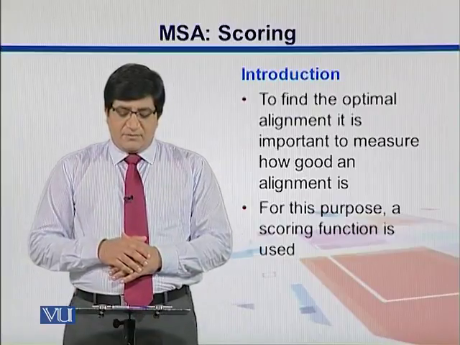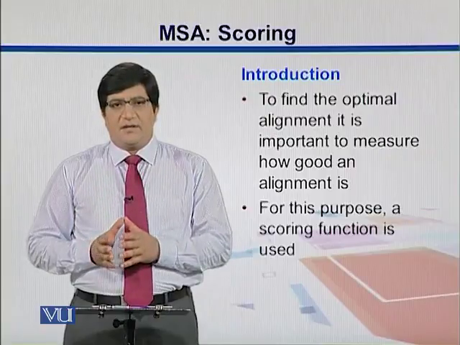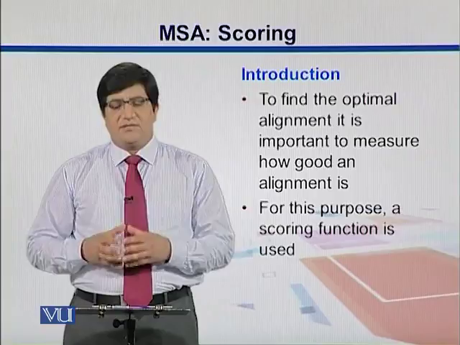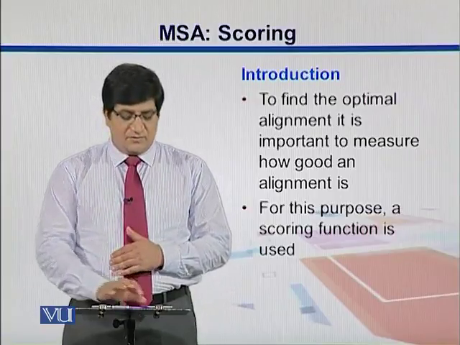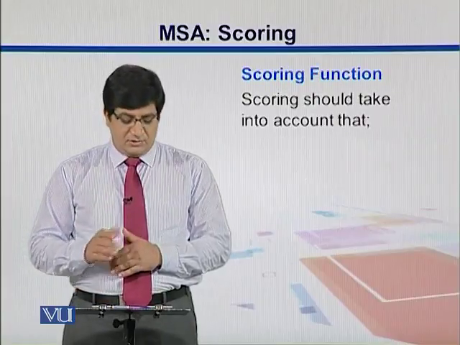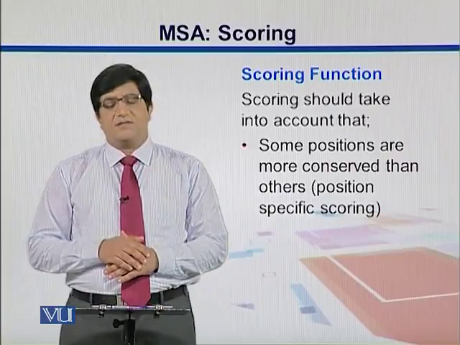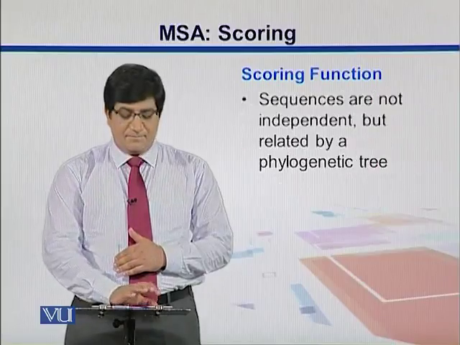So to find an optimal alignment, it is important to measure how good the alignment is, and the criterion in order to get this goodness is actually the alignment score. So for that we try to use some scoring functions. Scoring should take into account the following facts. Number one, there are some positions in nature that are more conserved than others.